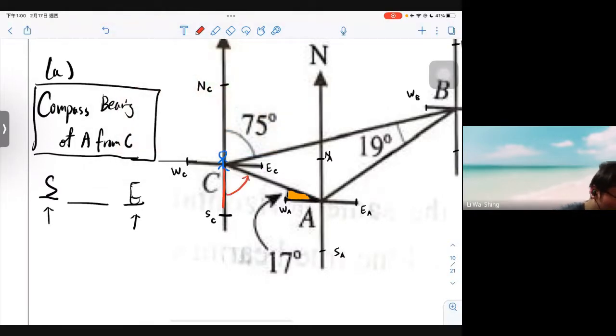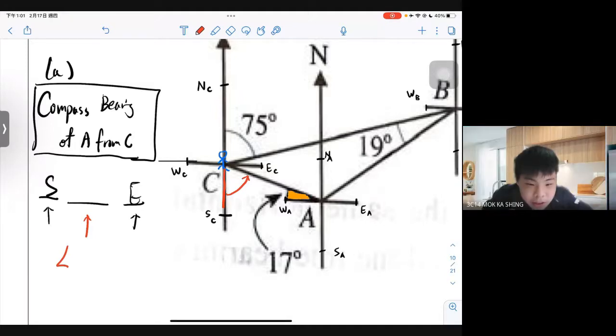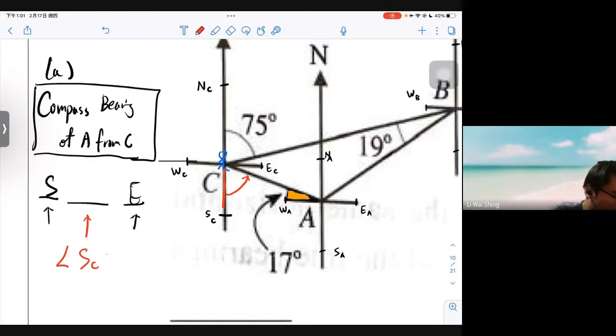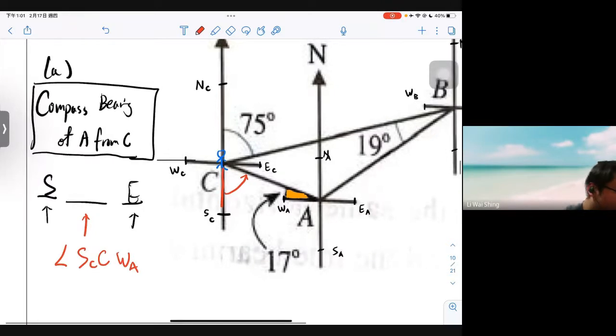So which angle are we finding? Give me the name. West A C is South C, South C, and then west of A. Yes, we are finding this angle. So how to find that?